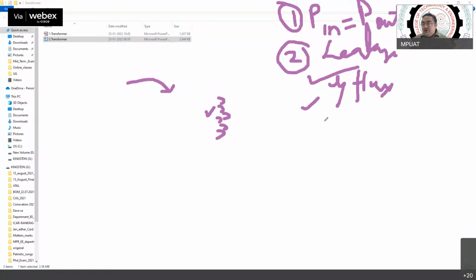The winding on which the source is connected is called the primary winding, while the winding on which the load is connected is called the secondary winding. I think it is clear. Any doubt so far, you can ask me immediately.